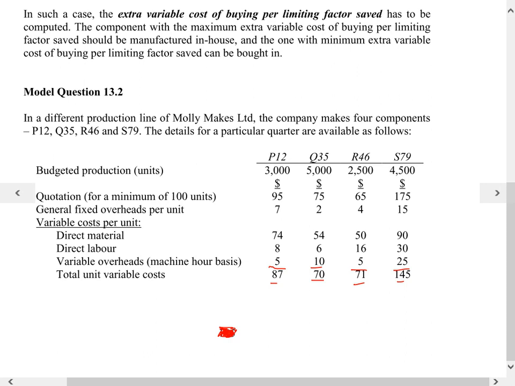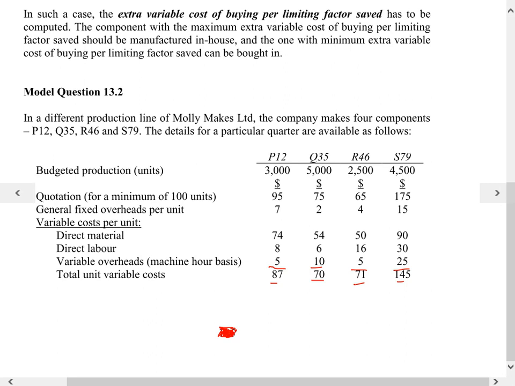Quotation is also as follows. Is this purchase price or selling price? If you recalculate it could be either one, but because of this chapter, the quotation is actually our purchase price. And we must buy a minimum of 100 units. General overhead is not relevant.